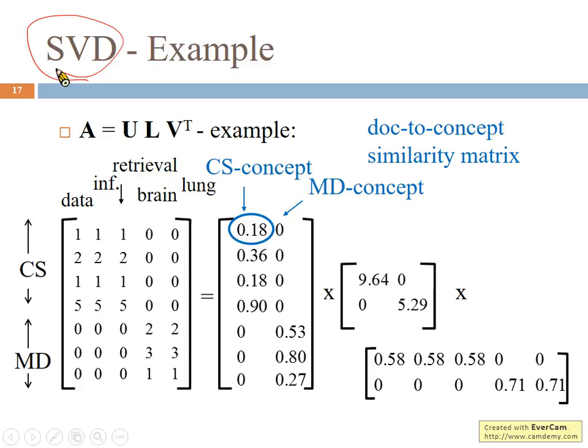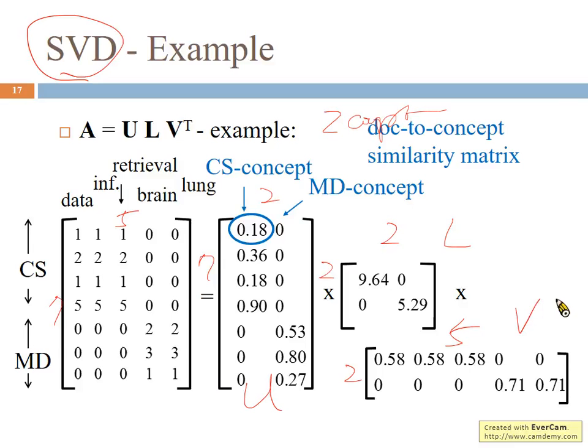So in the given example, we decompose this 7 by 5 matrix into the multiplication of these 3 matrices. And here we can see that, assume that we already know that there are 2 concepts in the given data set. So we decompose it into a 7 by 2 matrix U, and then a 2 by 2 matrix L, and then a 2 by 5 V transpose.